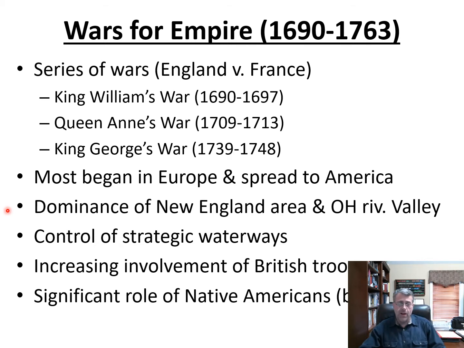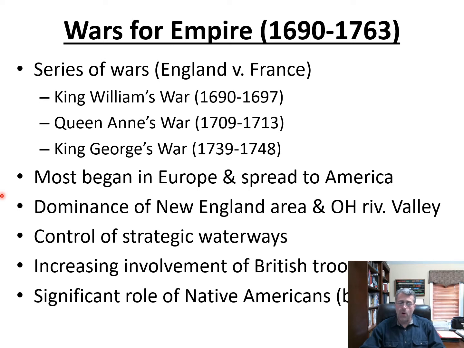So the bottom line here is that over the course of all these wars, in every case, in all of these wars for empire, there will be an increasing involvement of British troops, because when the war begins, the colonial militia is fighting. And of course, they're fighting ineffectively. They're losing most of their battles. And in the end, England will be forced to send British troops to step in and pick up the slack.